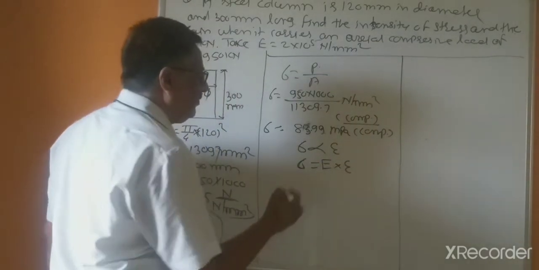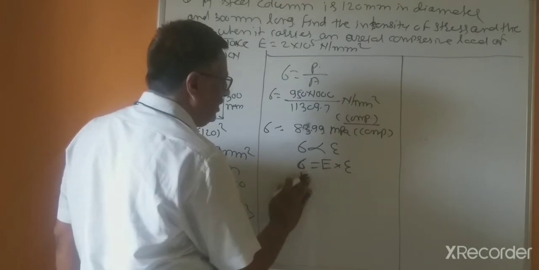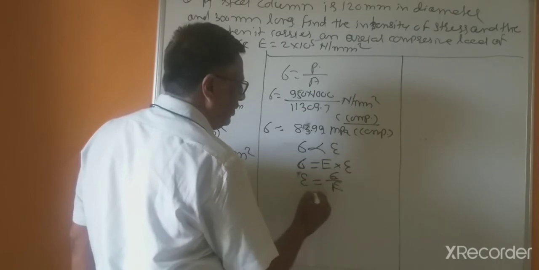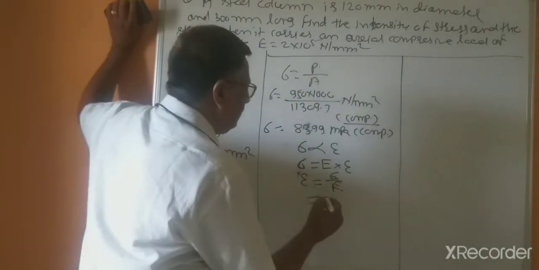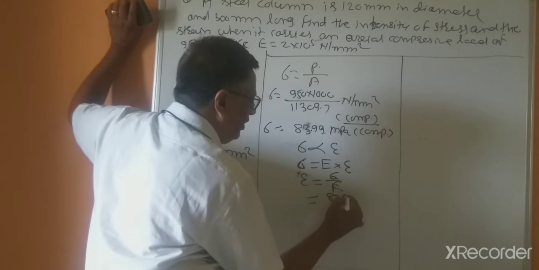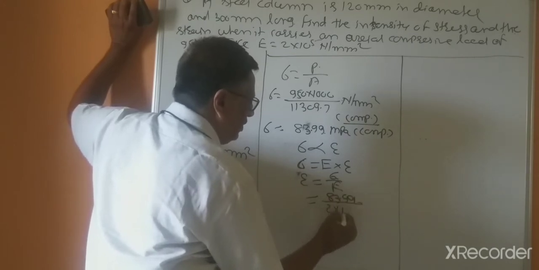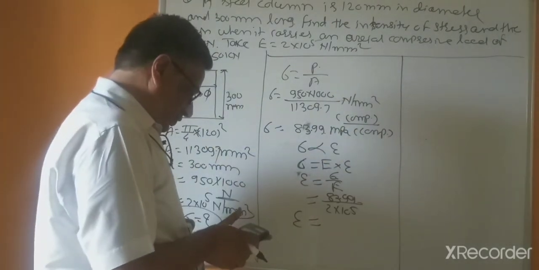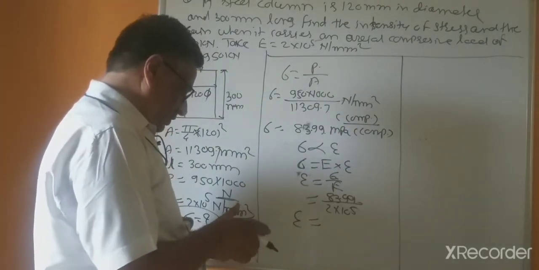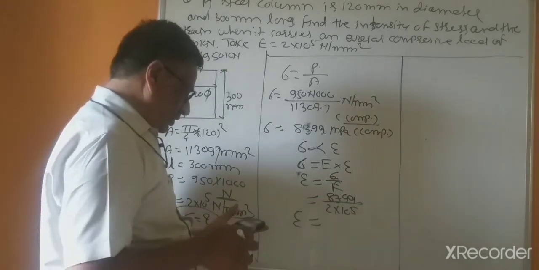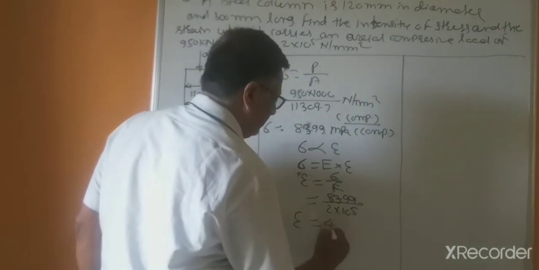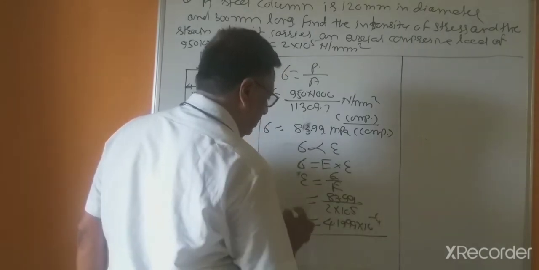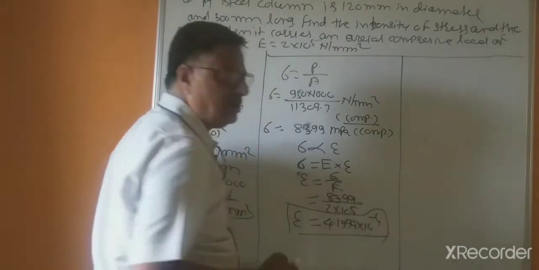So strain equals stress divided by E. Stress is 83.99 and E is 2 into 10 to the power 5. This is equal to 4.1999 into 10 to the power minus 4. So this is your expected answer.